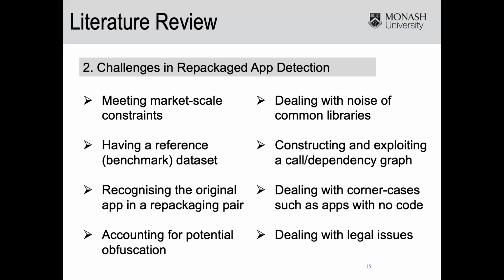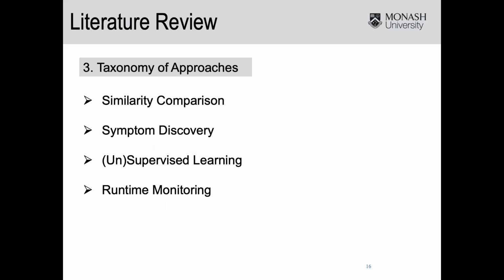So when comparing the call graphs, or how the events happened one before the other, there is a need to properly take those sequences into account when detecting if two apps behave the same or not. And also there are some corner cases and legal issues that need to be taken into account when detecting repackaged apps. So those are the main challenges we observed in this work.